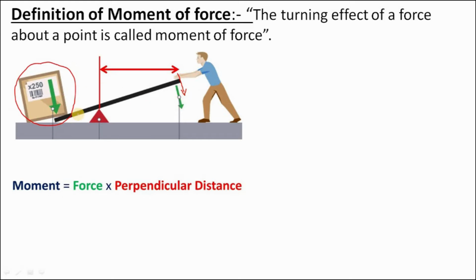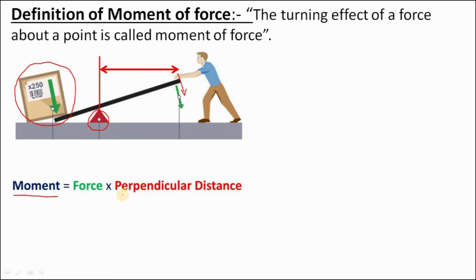Did you observe? Yes, with the help of one pivot, the pivot may be a rock or a wooden block, we can lift this heavy box. So how is it happening? The formula behind this is moment is equal to force times perpendicular distance.